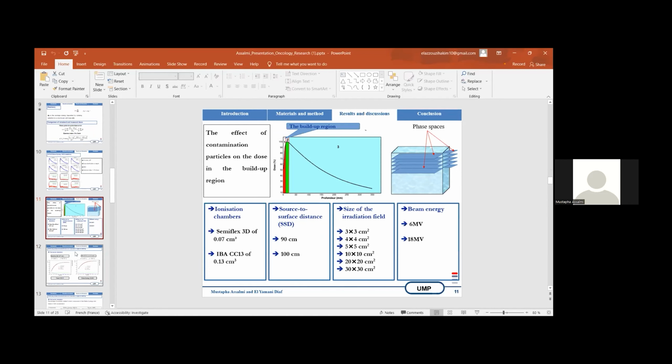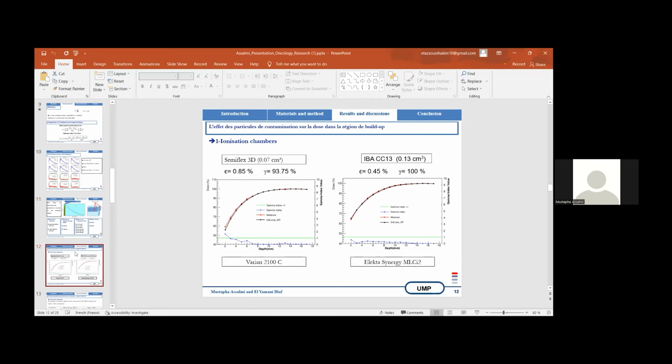We studied those divergences between Monte Carlo simulation and experimental measurement in this region by placing a series of phase space planes at different depths in the build-up region. We now pass to the first case. We studied two types of ionization chamber for different sizes, Semiflex 3D and IBA CC13. We compared those distributions at depth in the build-up region between Monte Carlo simulation and experimental measurements.